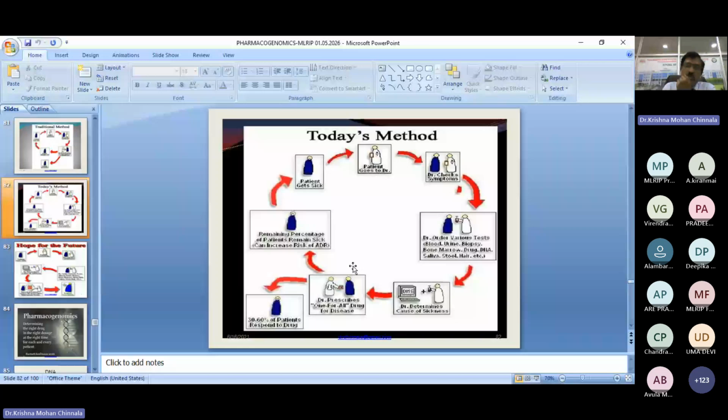Here also, maybe 60% or 70% of people may get relief from the disease. And what about the remaining 30 to 40% of people? They may not get relief from clinical symptoms.